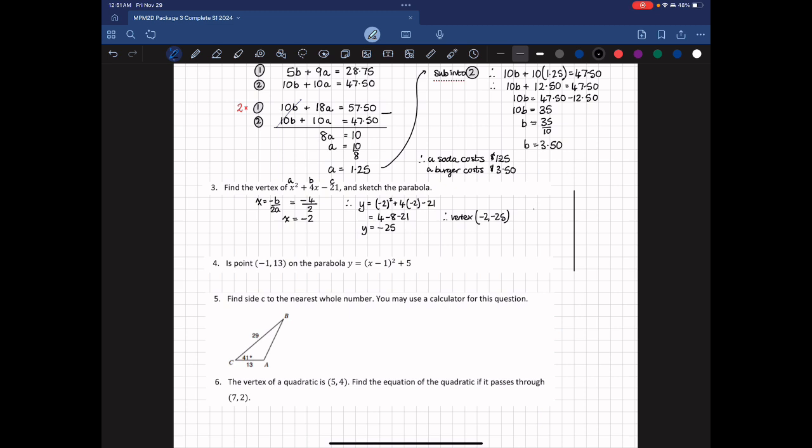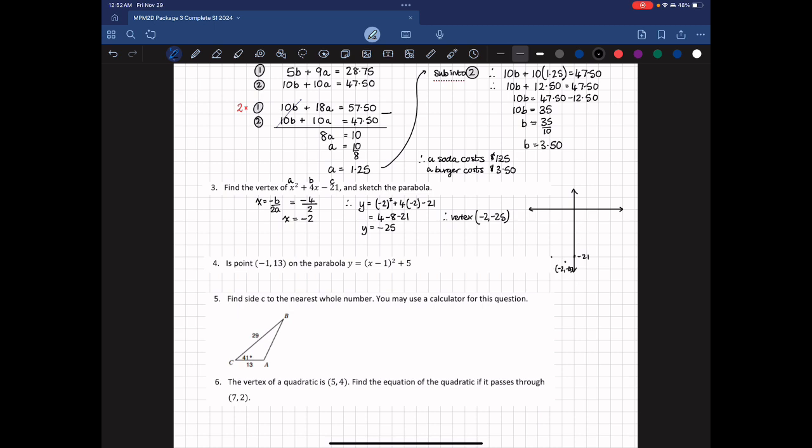Negative 2, negative 25, so I'm going to put my x-axis quite high up this time. Arrows on both ends. Negative 2, negative 25, so let's just label that down here. We've got our y-intercept is negative 21, so we can mark that up, negative 21, kind of mirror it, sort of.